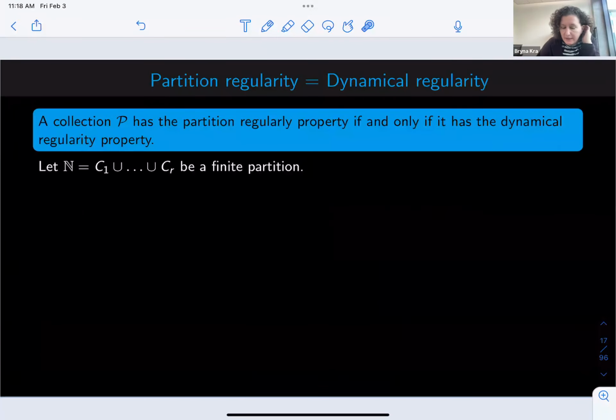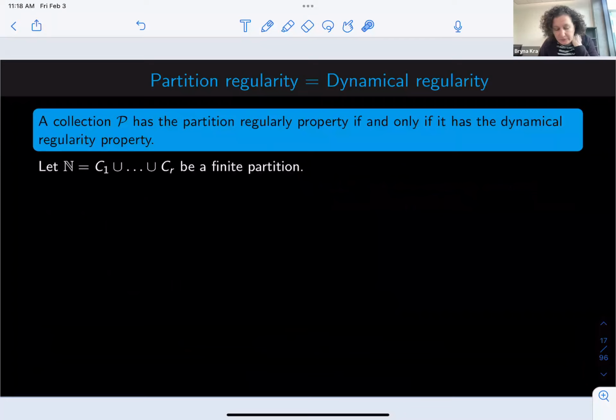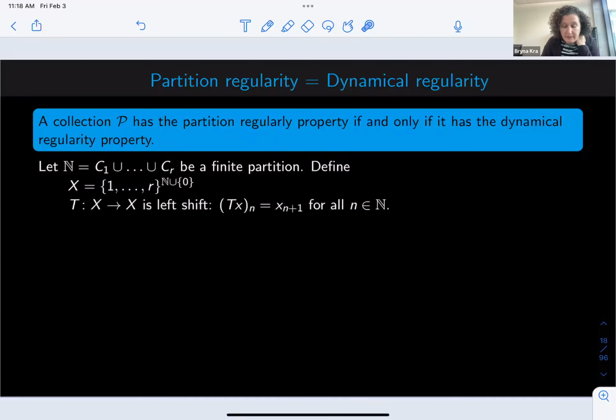So what I'm saying there is that a collection P is partition regular if and only if it has the dynamical regularity property. And so let's prove that converse direction, because this will be useful. If you take a finite partition, I need to show you that when you have some collection, if it has the dynamical regularity, we're proving now the converse, that it has the partition regularity.